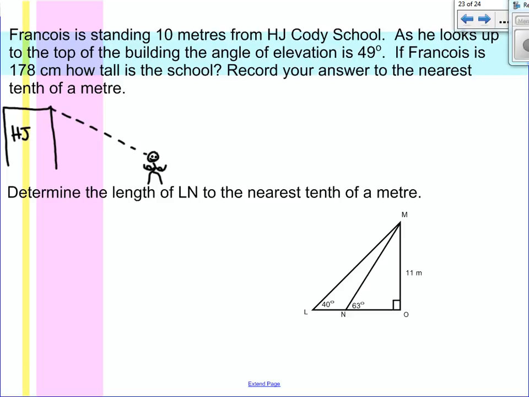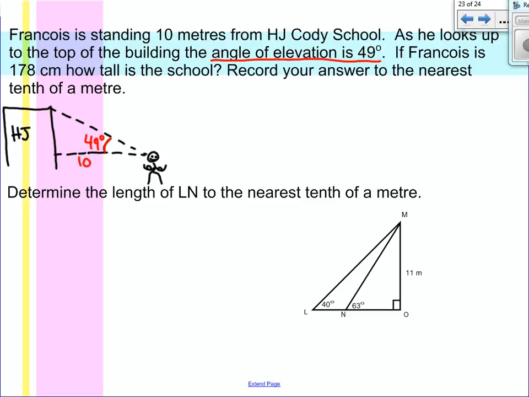So we have to draw that horizontal line, and we have to put the angle up from the horizontal line, because angle of elevation means to look up. We also know that he was standing 10 meters apart from it. So our bottom is 10. The question now is how tall is the school? So we're looking for this over here, x.